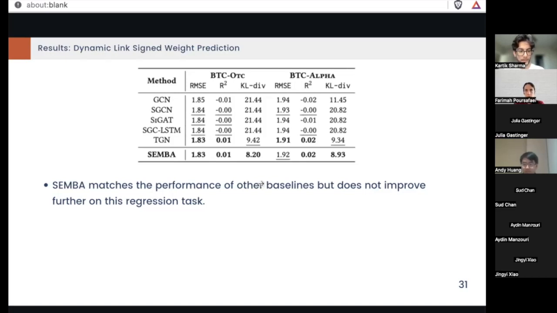We do it rather trivially: we just train using an MSE loss and predict, but we see that none of the models do well. The R squared is really low, and SAMBA just matches the best performance, but this leaves a lot of room for future work in this direction.